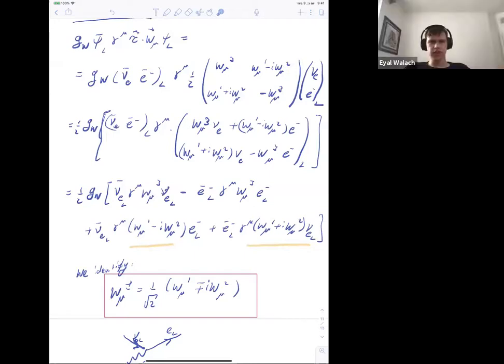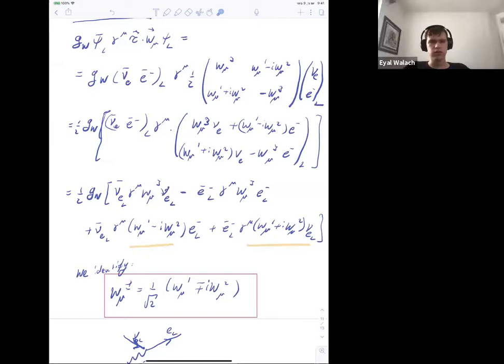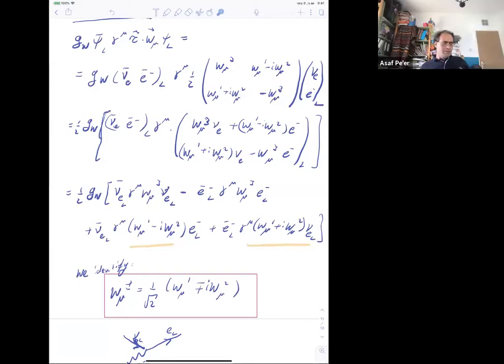Is it the different sign between the neutrino and the electron term? The different sign, the relative sign? No, it has nothing to do with the sign. Did I mix the sign here? I think I didn't, but check it out. Maybe I made some mistake with the sign.